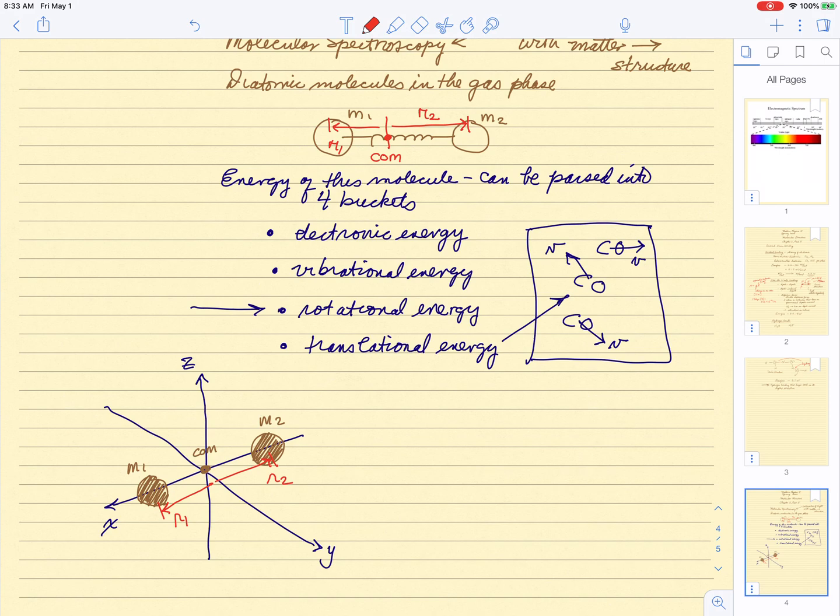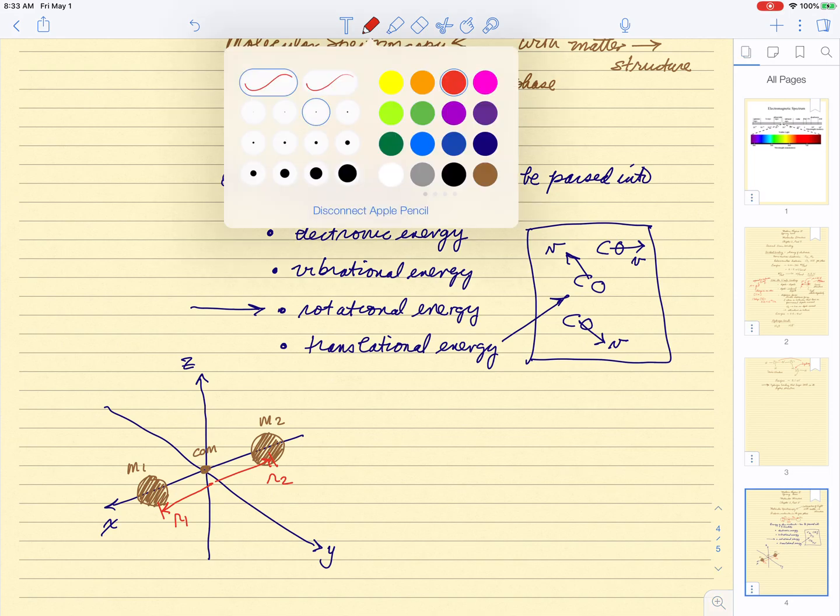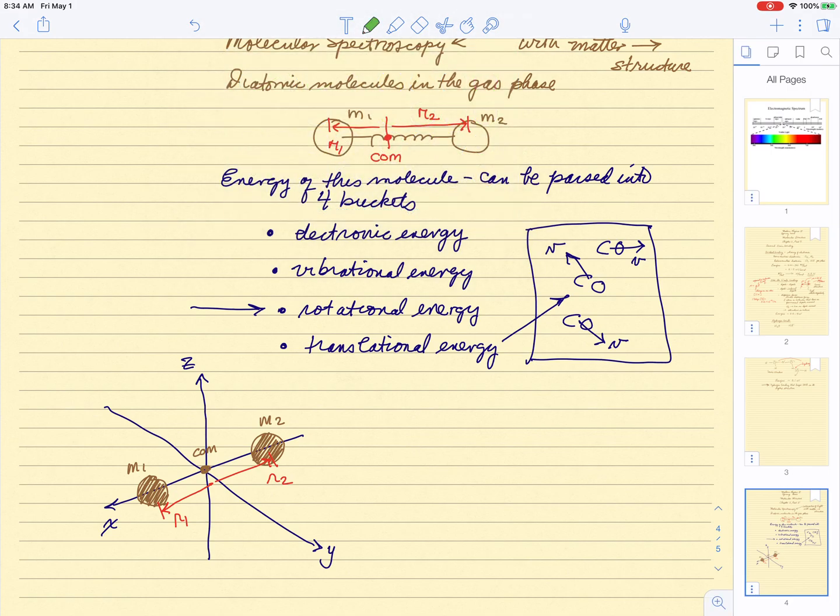And there are actually three what are commonly called degrees of freedom here for a diatomic, and so one can imagine that there would be rotation about the z-axis.